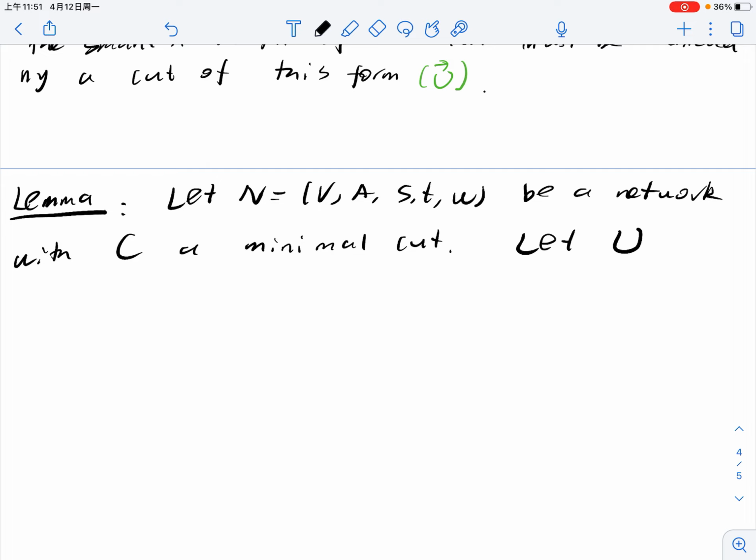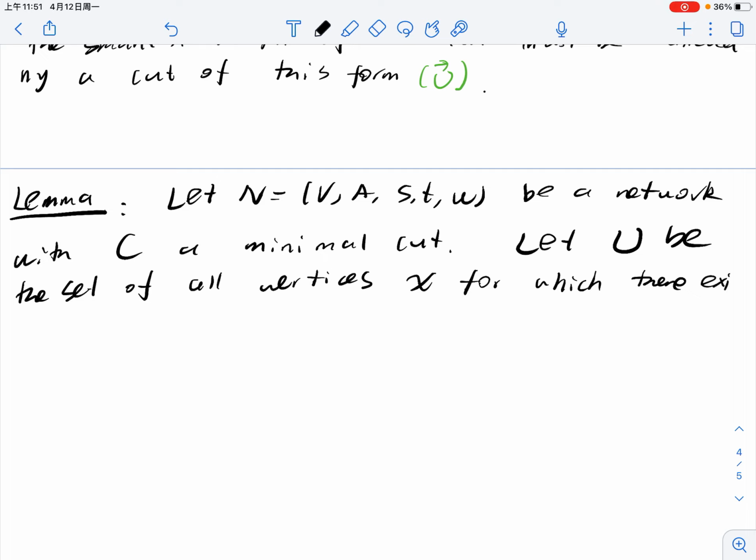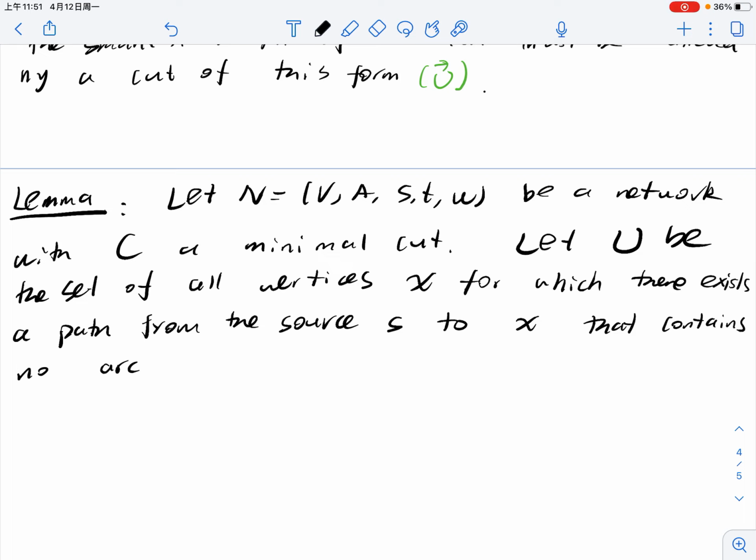Let U be the set of all vertices X for which there exists a path from the source S to X that contains no arc in C. Then U right arrow is a cut, and C is U right arrow.